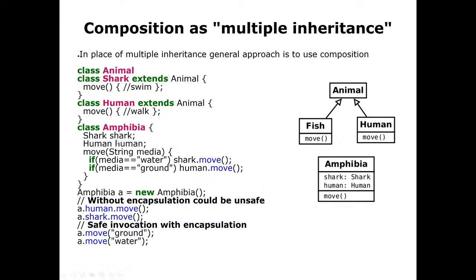First one is shark, the second one is human, and when you move, you check if you are on the ground, then you do the move that humans do, and if you are in the water, then you can swim, basically what the shark does.